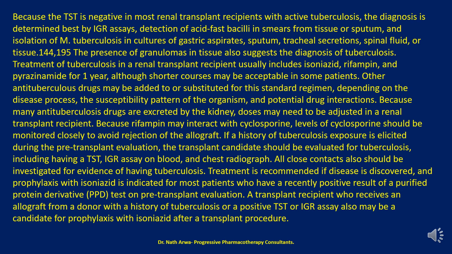Treatment is recommended if disease is discovered, and prophylaxis with isoniazid is indicated for most patients who have a recently positive result of a purified protein derivative, abbreviated as PPD, test on pre-transplant evaluation. A transplant recipient who receives an allograft from a donor with a history of tuberculosis or a positive TST or IGRA assay also may be a candidate for prophylaxis with isoniazid after a transplant procedure.